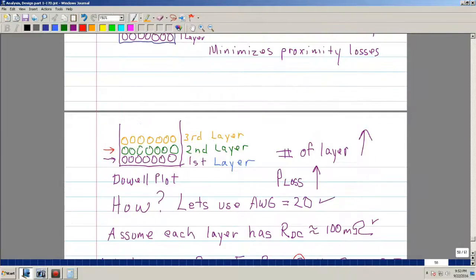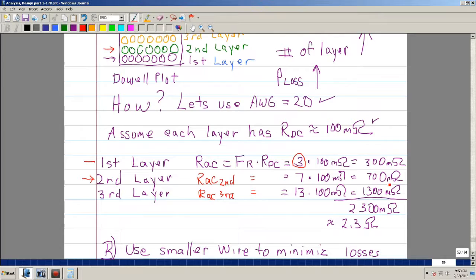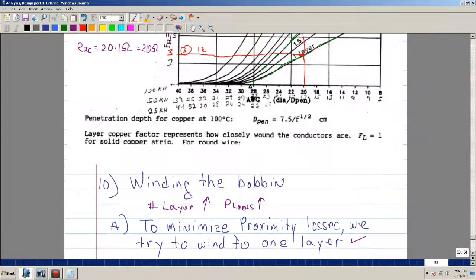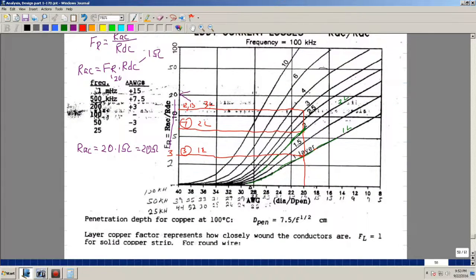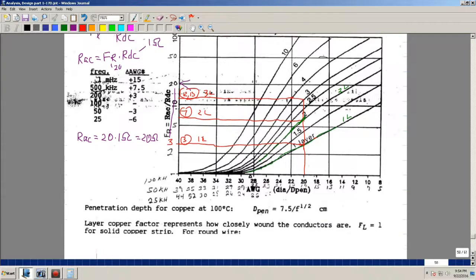So now the AC resistance on the second is 7 times 100. So now you have 700 milliohms. And then the third, we found that it's either 12 or 13.